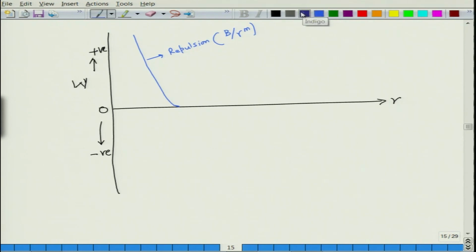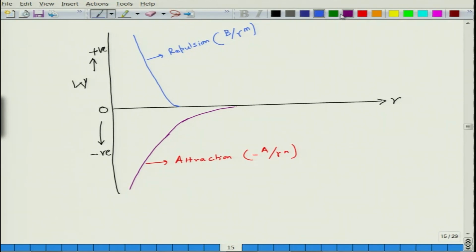Then we have the next term which is the attraction, which goes something like this, and this is minus A divided by r to the power n.